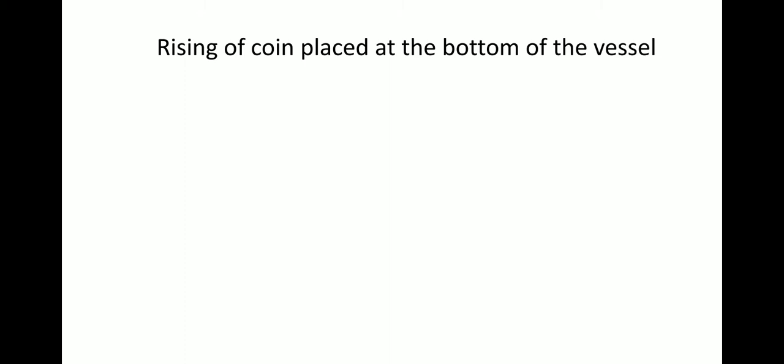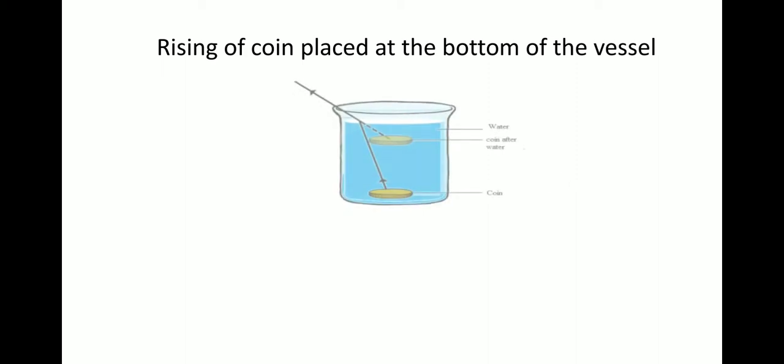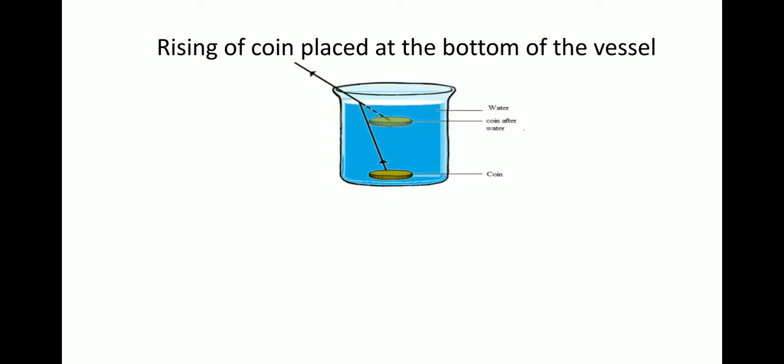Similarly, rising of a coin placed at the bottom of the vessel. If you take a beaker and put a coin inside and put some water on top of it, the light from the coin reaches the surface of the water, and as it is traveling from denser to rarer medium, it will move away from the normal.